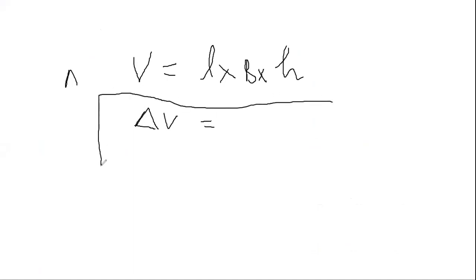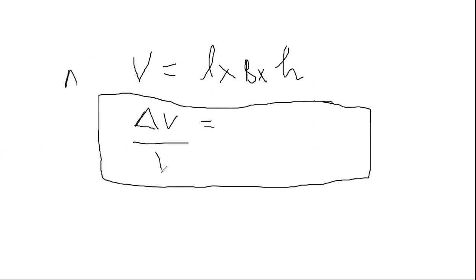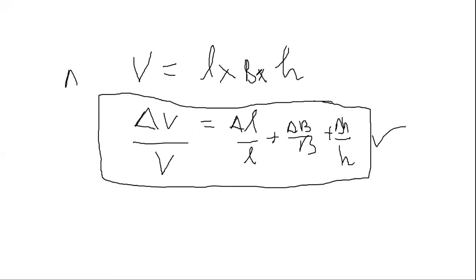Anyone? Changes of V over V equals changes of L over L plus changes of B over B plus changes of H over H. This is the uncertainty formula because it's times. This is the uncertainty formula to find changes in V later.